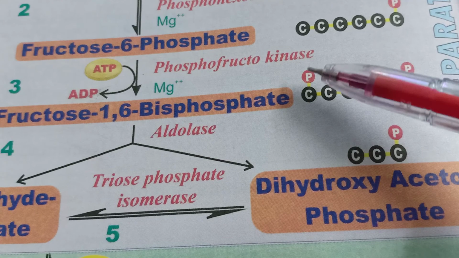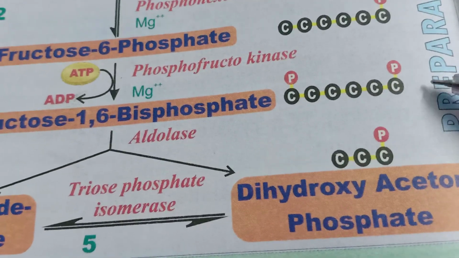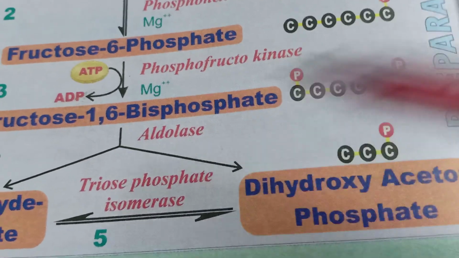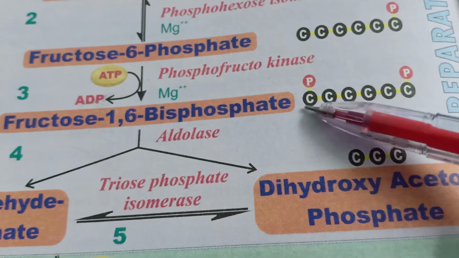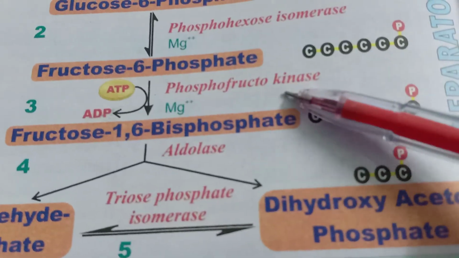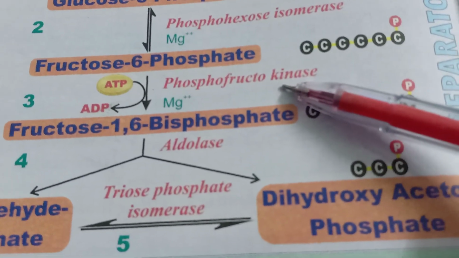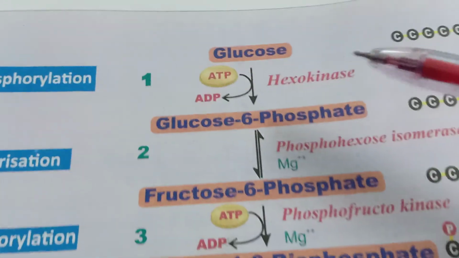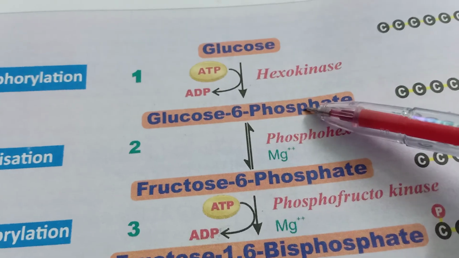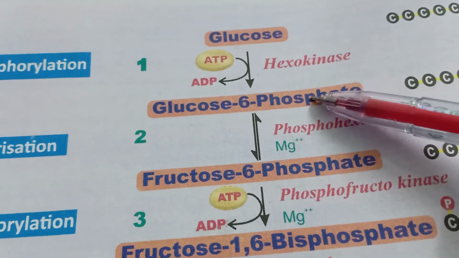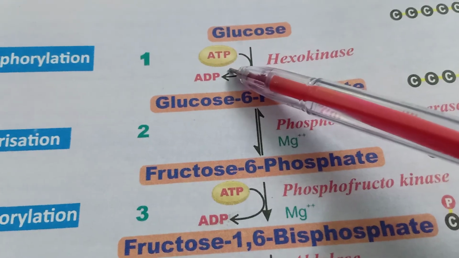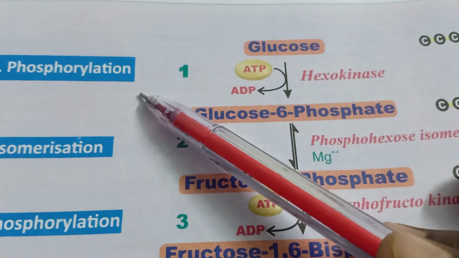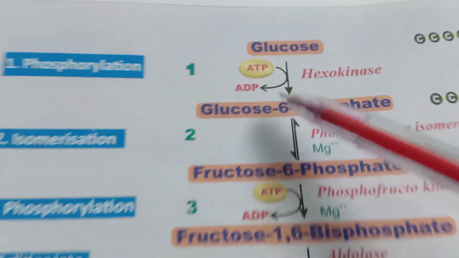So, fructose 1,6, as 2 phosphates are there, it is called bisphosphate. This takes place in the presence of the enzyme phosphofructokinase, and this is called phosphorylation. In glucose, in the 6th position, 1 phosphate is added. This phosphate is taken from ATP. We call it phosphorylation because of the addition of phosphate.